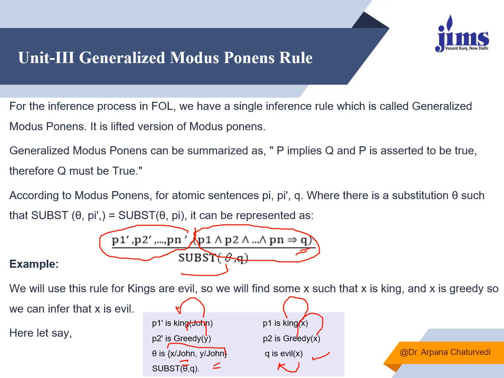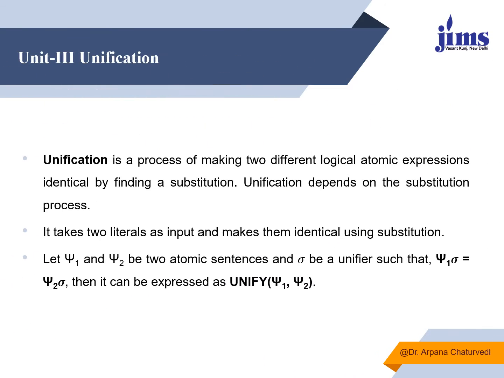So this substitution is represented by theta, and we apply theta to Q. This is what is known as the modus ponens rule: if one thing is true, if the second thing is true, then definitely the third is also true.